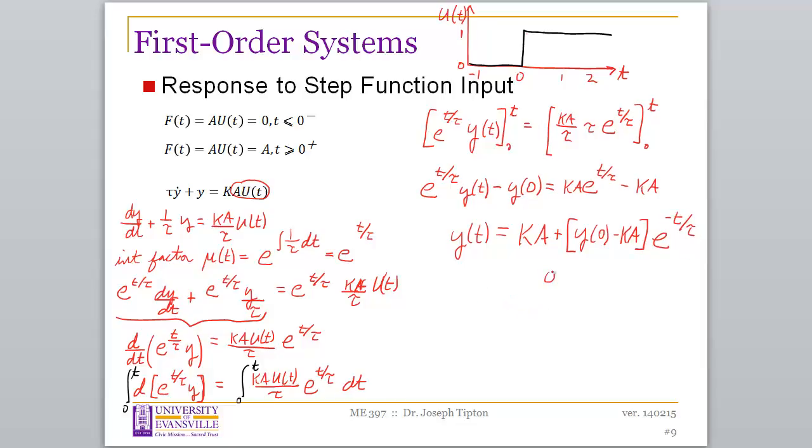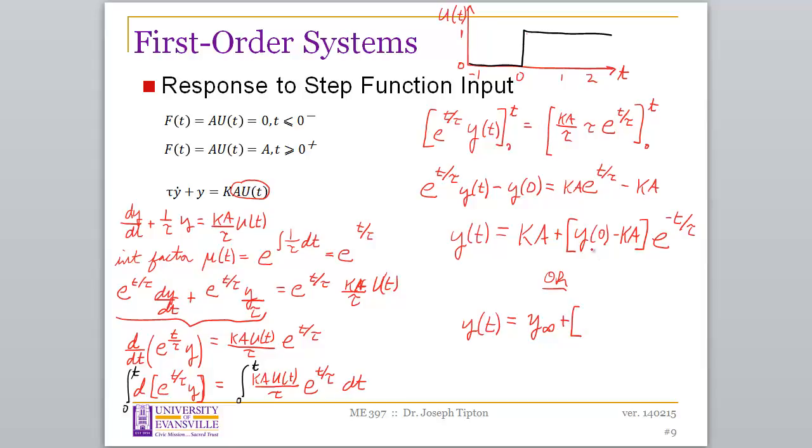Another way of looking at this, I can say y of t, my system output, looks like, now Ka was my input signal. My input signal is my amplitude multiplied by my static sensitivity. So this is the system response after a lot of time has passed. So I'll call that y0, or my steady state response.